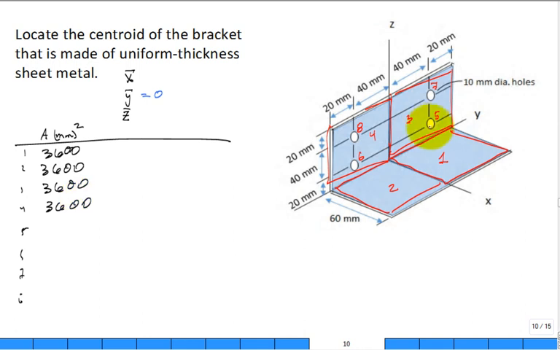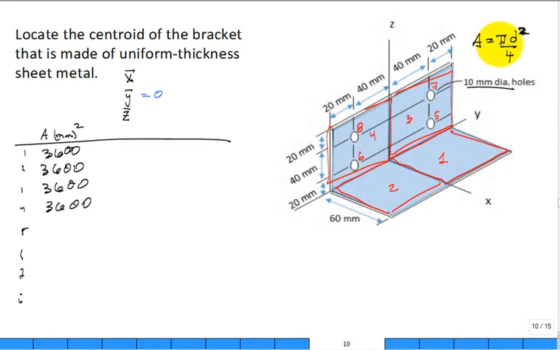Then we have the hole. All right. What is the area of the hole of diameter 10 millimeter? Is the area of the hole pi r squared or pi d squared over 4? Because they give us a diameter. Pi r squared is the area, or pi d squared over 4? Look good?